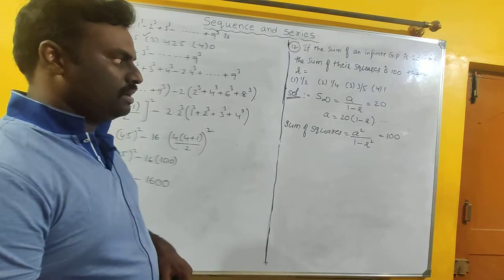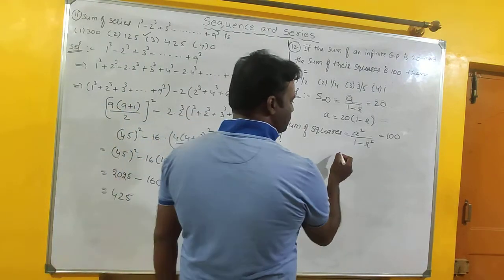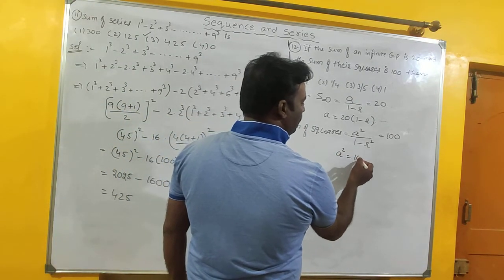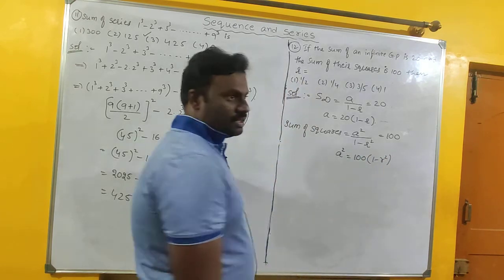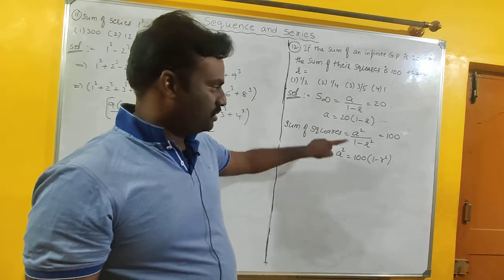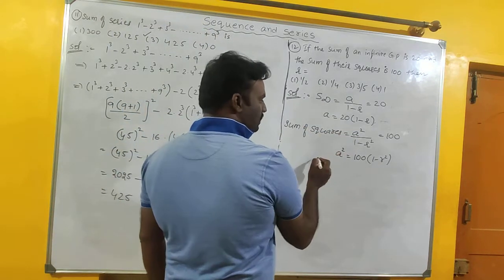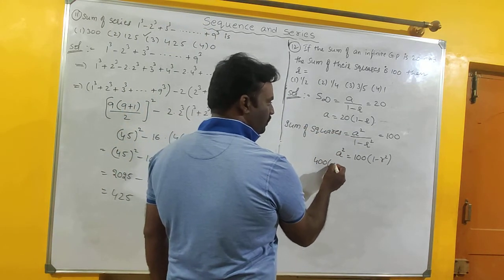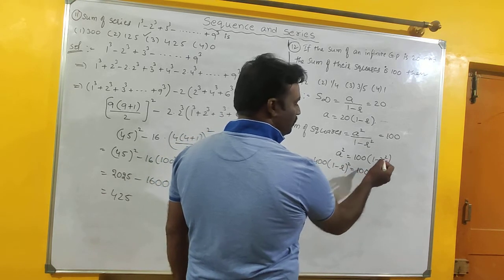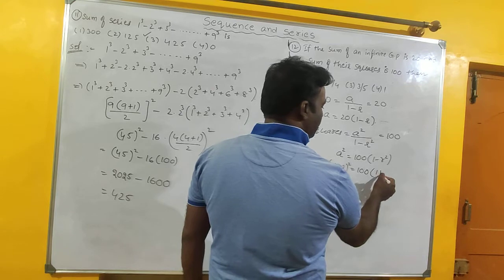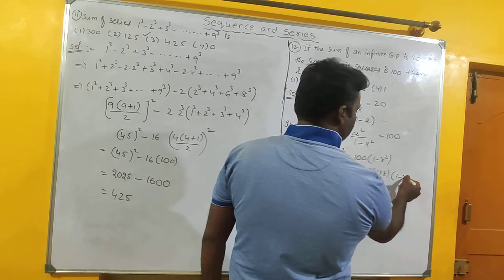Now simplify. A square equals 100 into 1 minus r square. But the value of a we already know, so substitute here. 20 square, 400 into 1 minus r whole square, equals 100 into 1 minus r square. I can write 1 minus r square as 1 plus r into 1 minus r.